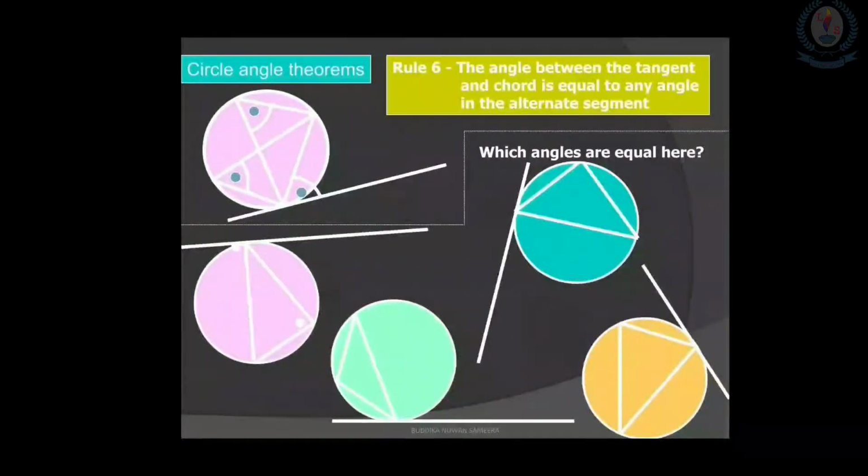The white dots represent alternate segment pairs. These alternate segment angles are always equal in size.